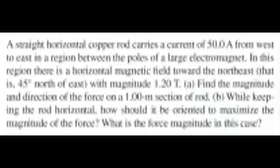A. Find the magnitude and direction of the force on a 1 meter section of the rod. B. While keeping the rod horizontal, how should it be oriented to maximize the magnitude of the force? What is the force magnitude in this case?